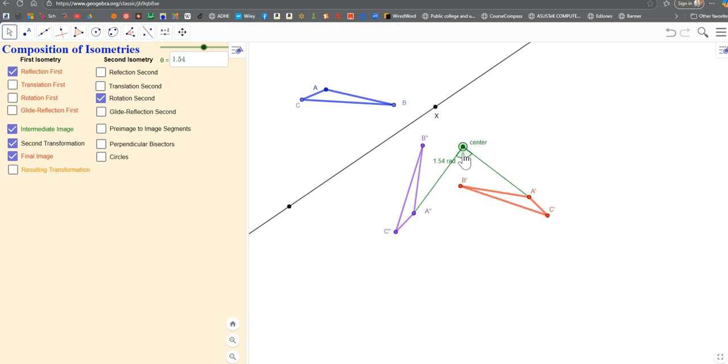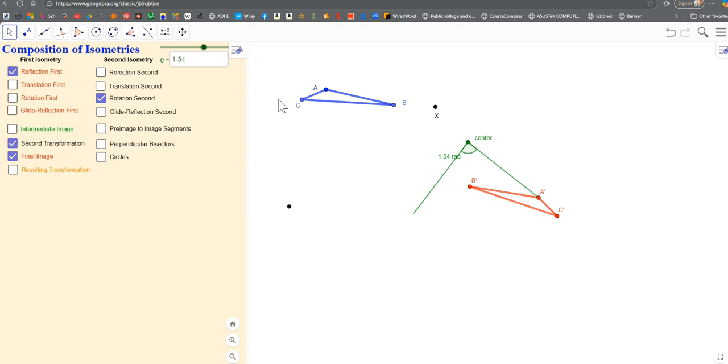And we need a center, which I can just move around anywhere I want. So now the question is, once again, how do I go from this original one directly to here? Maybe not obvious. Looks to me like it might be a rotation. So let's see if we can figure that out.